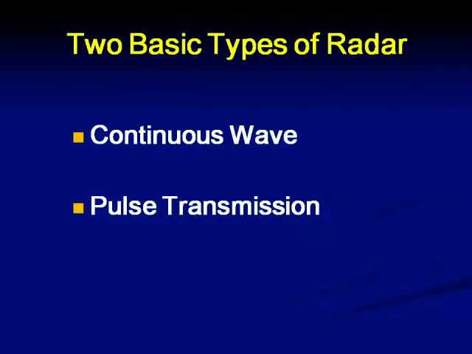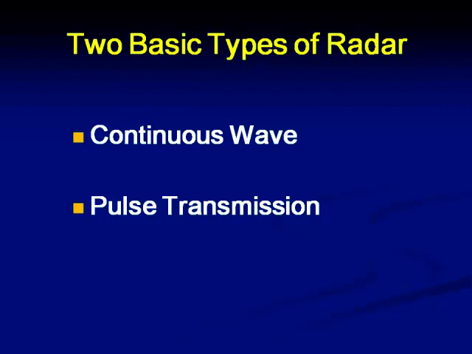By the name of it, you can understand that in one system we are going to send continuous waves like sinusoidal waves, etc., and receive them to get the required data.